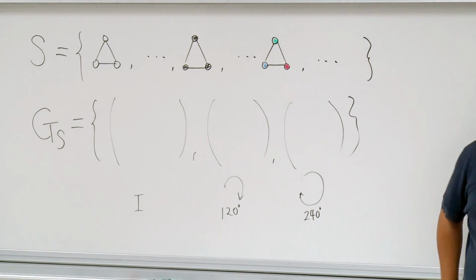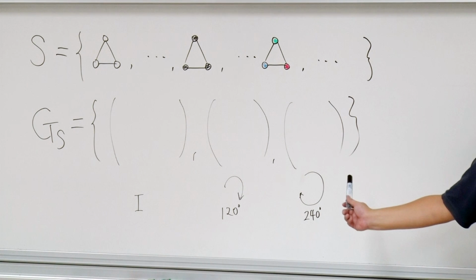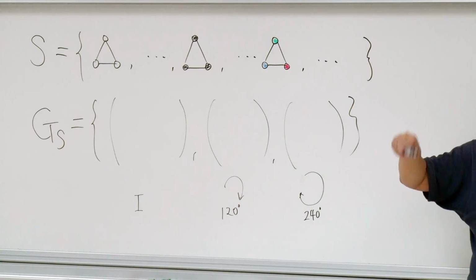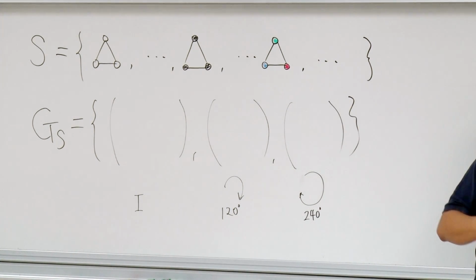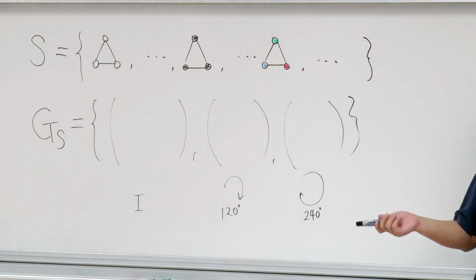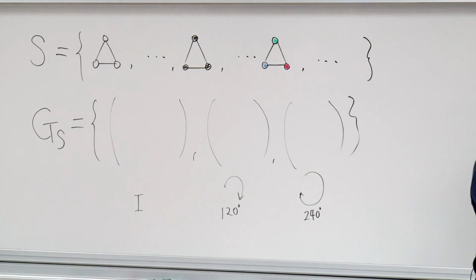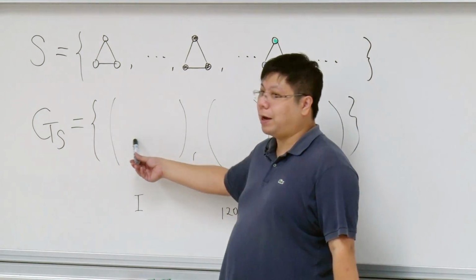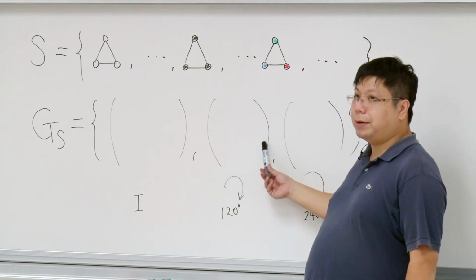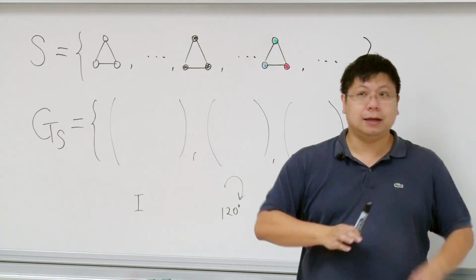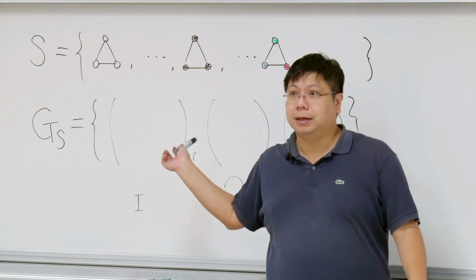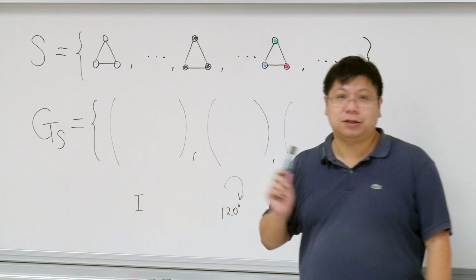Now we are asking the same question: how many different cases, how many equivalence classes can we form? Burnside says, count the invariants here, here, and here, add them up, and then divide by 3, because there are 3 permutations.